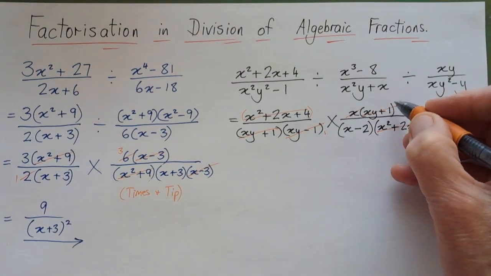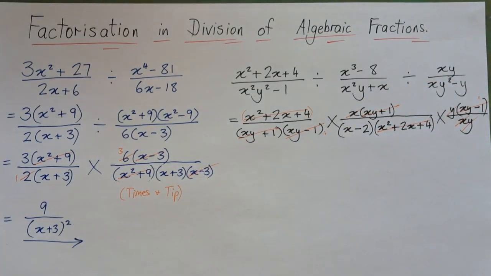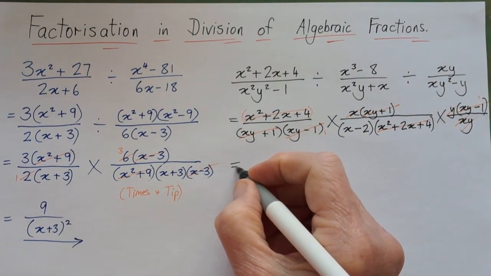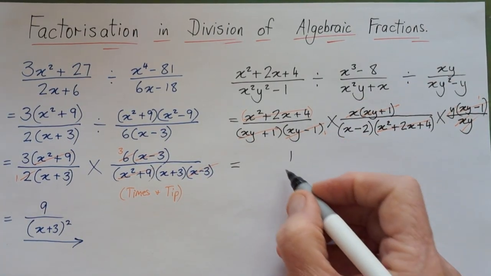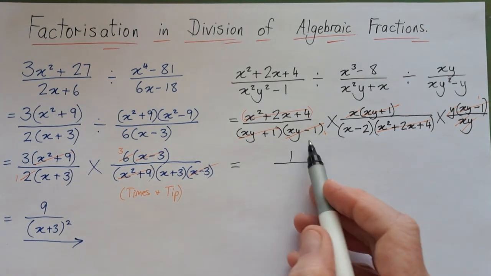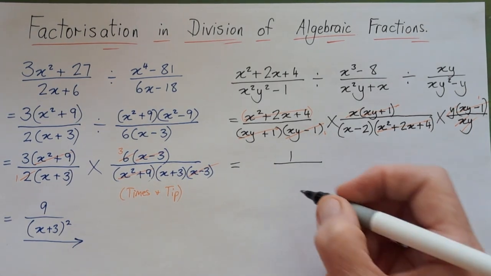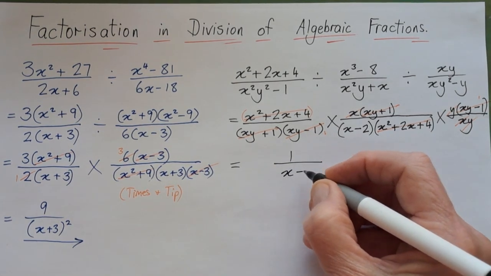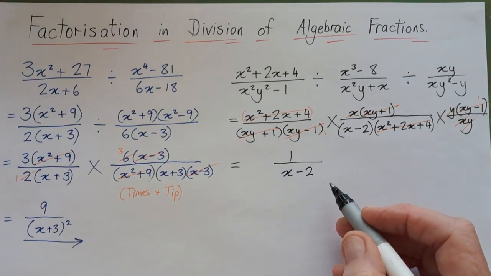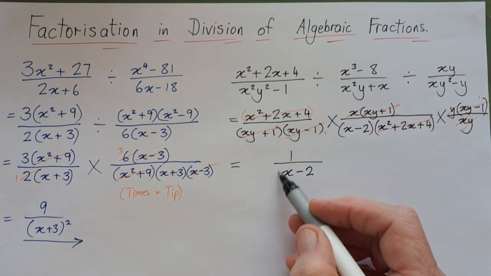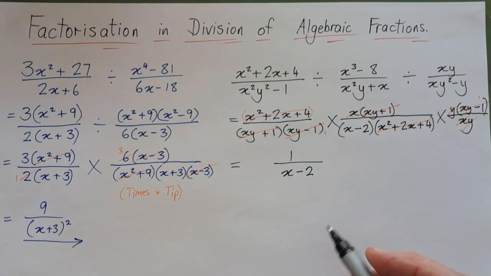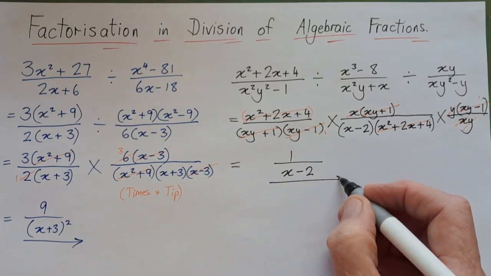So all of these have gone into themselves once. So because everything's cancelled at the top, we're left with 1. And at the bottom, all 1s except the bracket x minus 2. I can write it in a bracket, but I don't need to anymore because it's not being multiplied by something else. So that would be the simplest form that it's in.